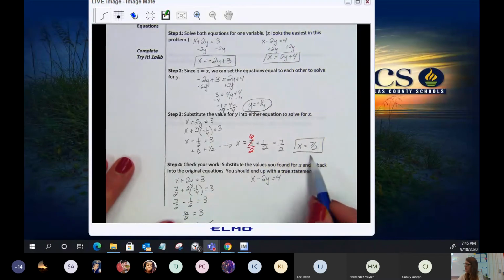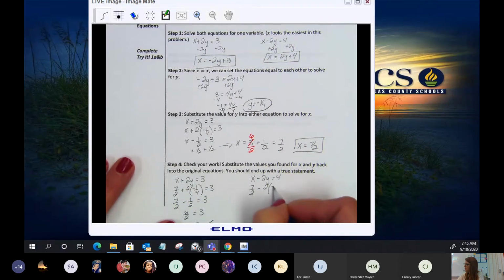And now again, plug in 7 halves for x minus 2 times negative 1/4, which is my y. Does that equal 4? 7 halves. This is now going to become positive, so this is going to be a positive 1/2.